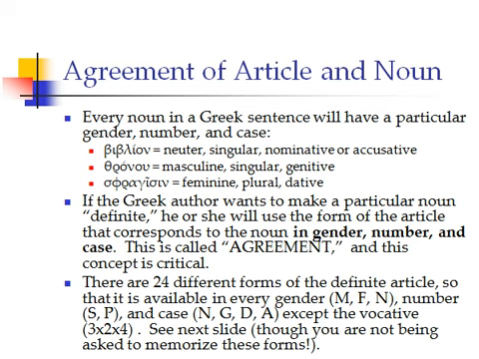Now, in some respects, this begins to become a lot of information, but try to stay with me. We have encountered in our study of nouns that each Greek noun comes in a particular gender.